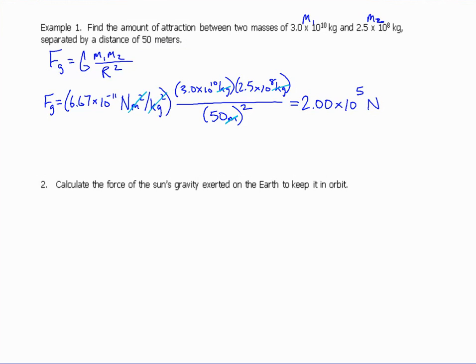Number 2, calculate the force of the sun's gravity exerted on the Earth to keep it in orbit. So let's go ahead and write our formula here. So let's go ahead and put some numbers into this formula.